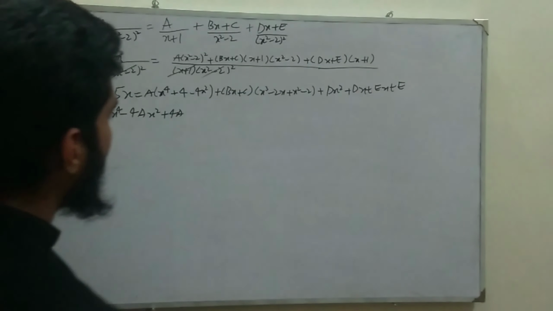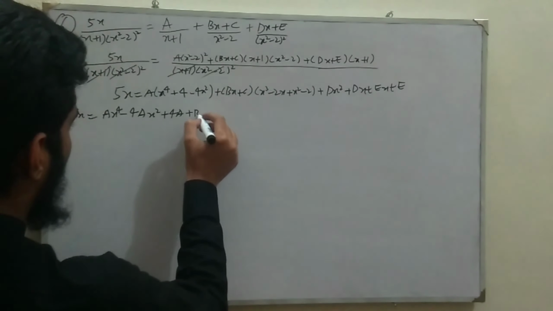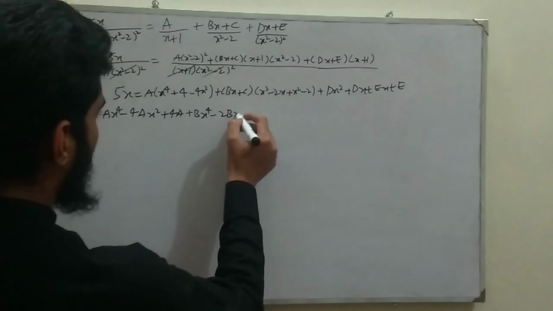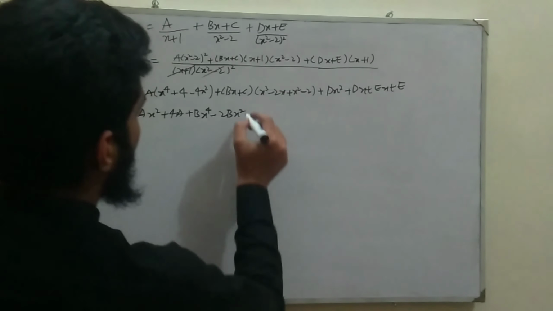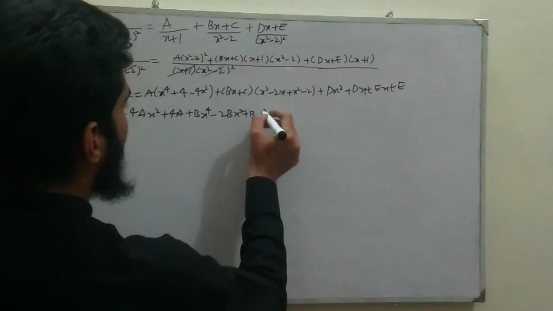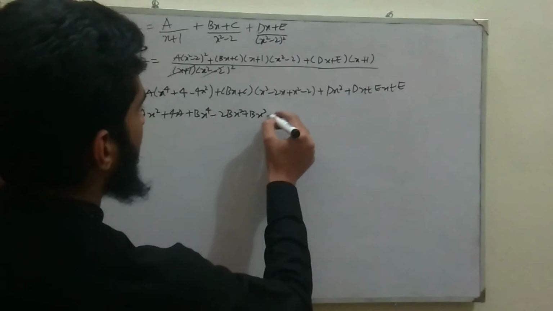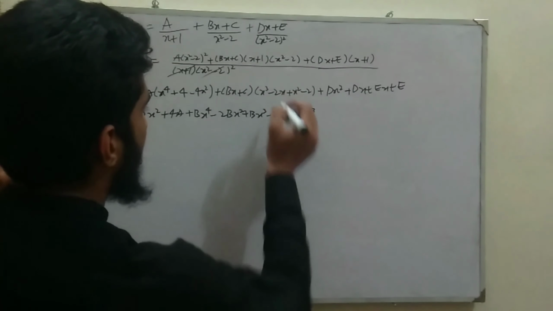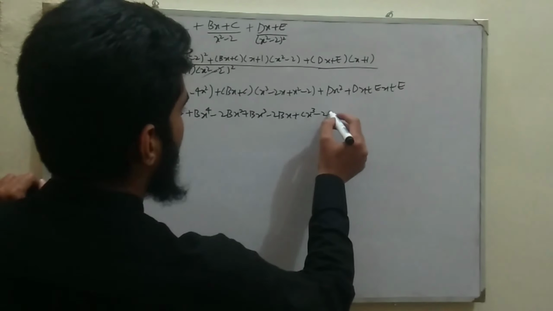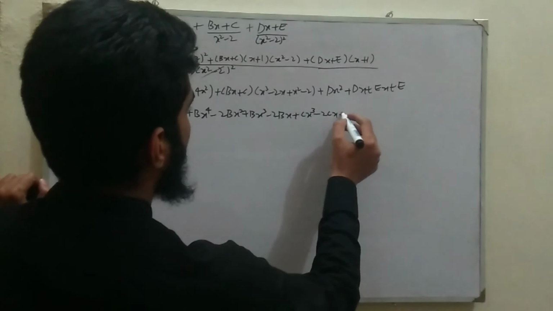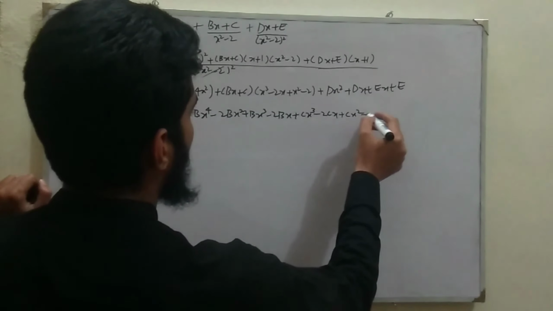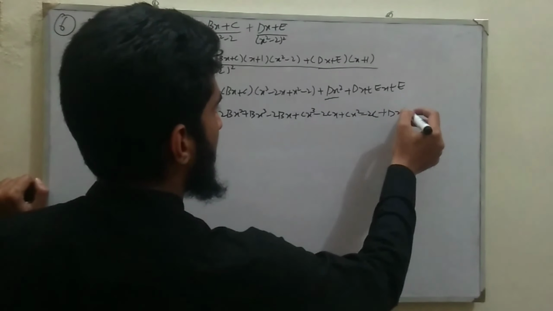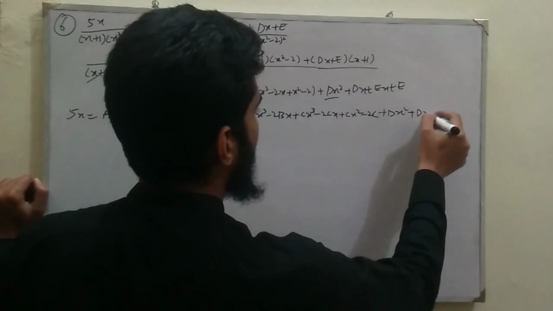Here Bx multiplied by x raised to power 3 gives us Bx raised to power 4, and Bx multiplied by minus 2 x squared gives us minus 2Bx square. Multiplying Bx with x square gives us Bx cube, and multiplying the same Bx with minus 2 gives us minus 2Bx. Multiplying C with x cube gives us Cx cube, C with minus 2x gives us minus 2Cx, C multiplied by x square gives us Cx square, and C multiplied by minus 2 gives us minus 2C, plus Dx square, plus Dx plus Ex.